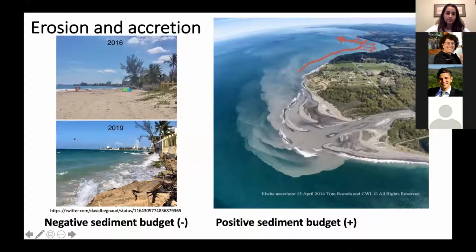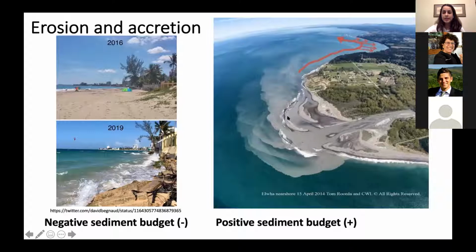This was after Hurricane Maria, and a lot of beaches got eroded away after the hurricane. And when we have erosion, this is usually due to having a negative sedimentary budget, because of more sand leaving than coming onto the beach.